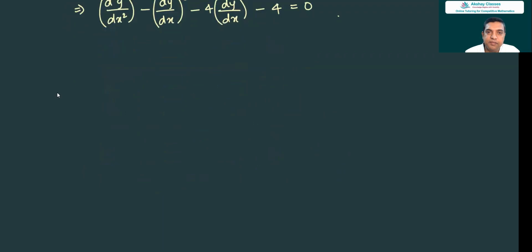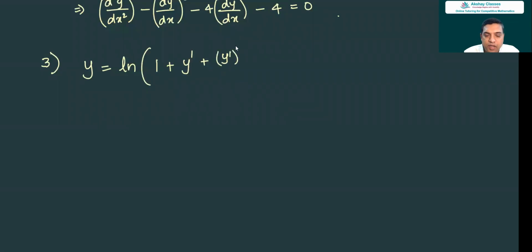Now a tricky question. y is equal to log of 1 plus first derivative of y plus first derivative of y whole square by 2 factorial plus first derivative of y whole cube by 3 factorial, and so on up to infinity.